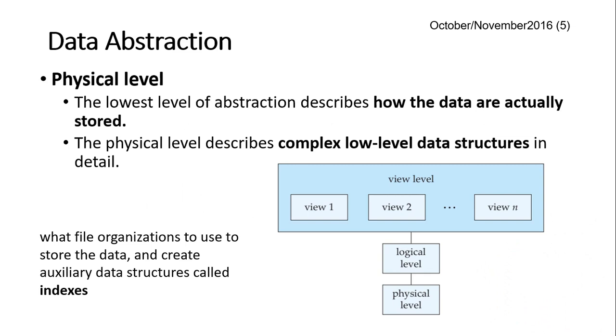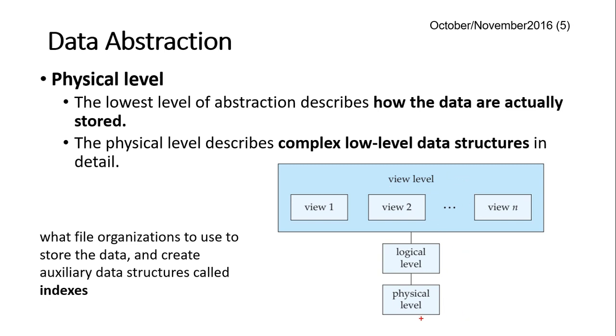Now let's look at the different levels of abstraction which are there in the database system. By the way, this question was asked in the year 2016 for 5 marks: write the different data abstraction layers which are there in the database. Now let's come to the different levels of abstraction. There are totally 3 levels of abstraction.